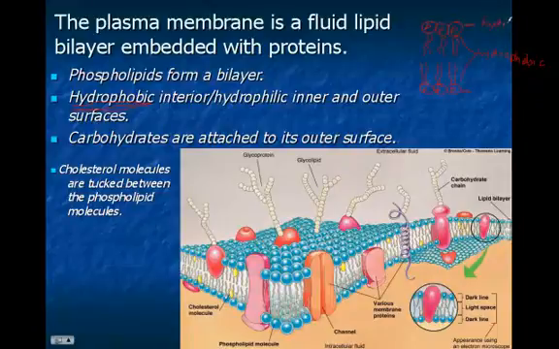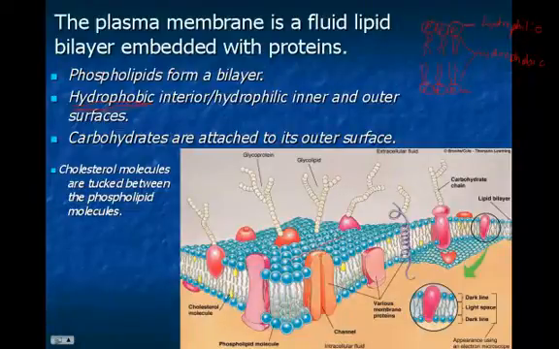Which is good, because if you look at this diagram of our phospholipid bilayer, here would be the outside of the membrane. These phospholipids are exposed to the extracellular fluids, the fluids outside of the cell, and of course there's going to be water there.